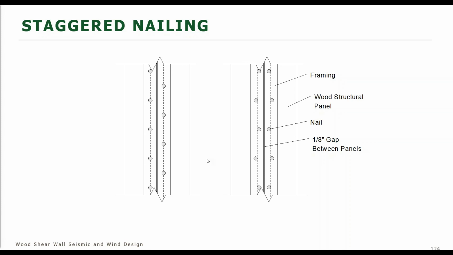So in these two pictures, some may say the one on the left, some may say the one on the right. But what we're really doing is talking about staggering those nails so they're not within the line of the grain. And I should have mentioned this is a panel joint, and then there's a framing member up and down the slide.